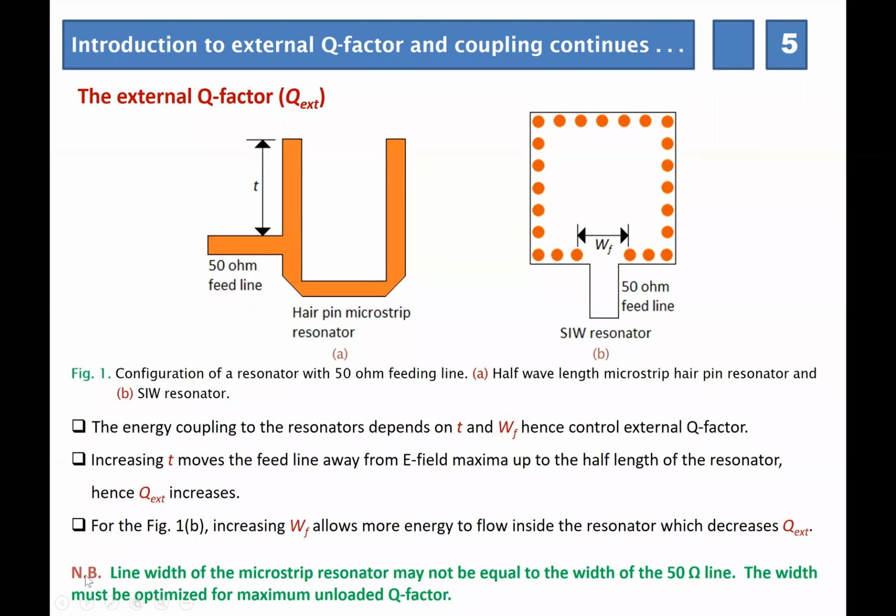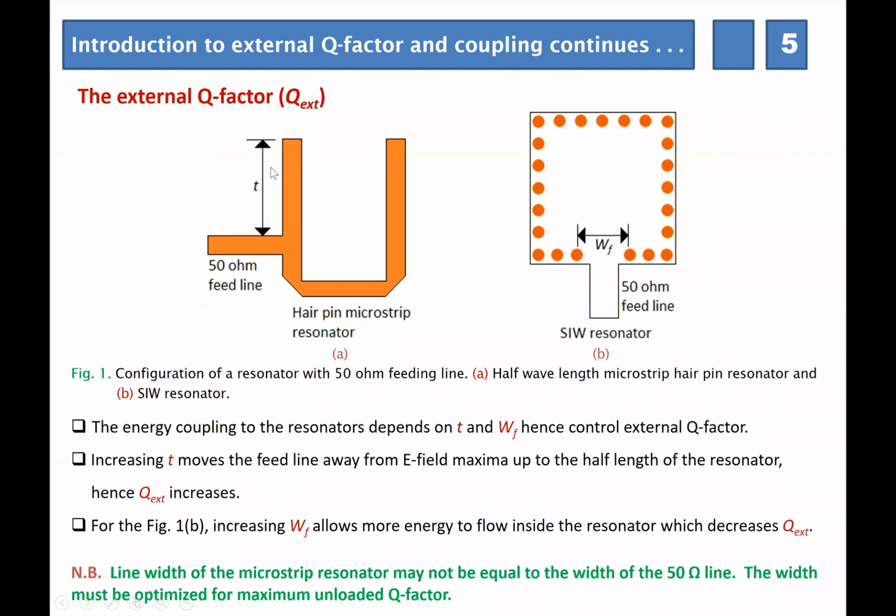And one more point you can see, the width of the microstrip resonator line may not be equal to the 50 ohm line width, because we optimize this width for maximum unloaded quality factor, that means low loss. So if you take this width of the microstrip line resonator high, then it will be prone to radiate, so leakage loss will become more.